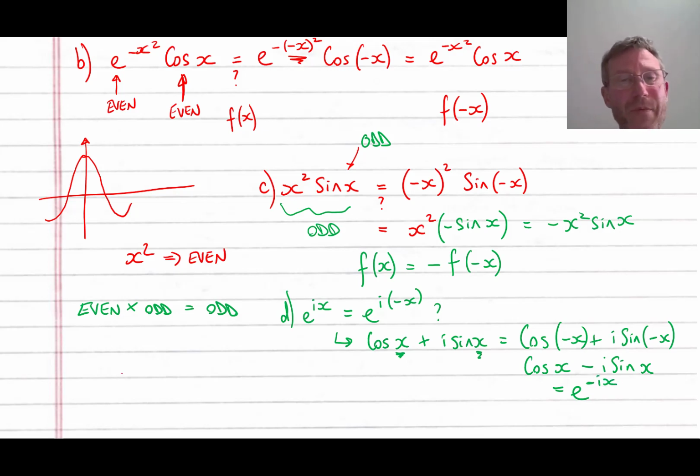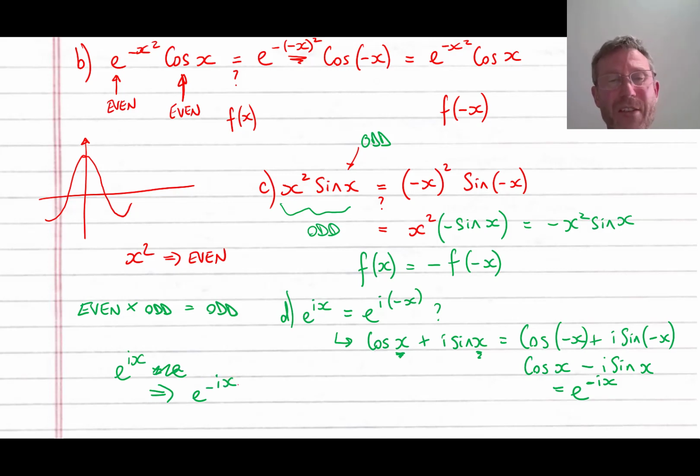The key here is that e to the ix, when we replace x with minus x, we end up getting e to the minus ix.